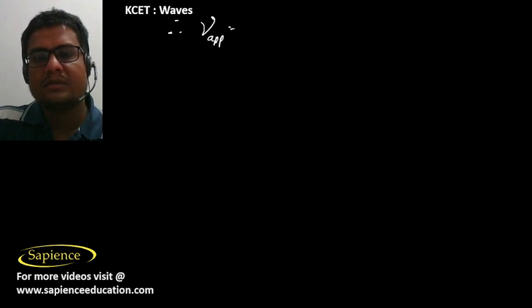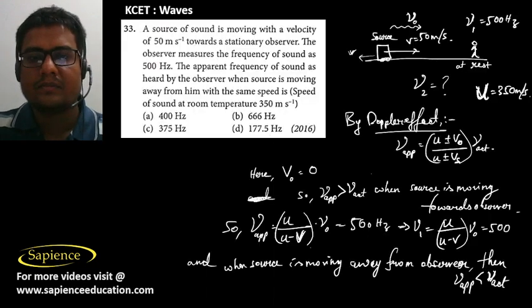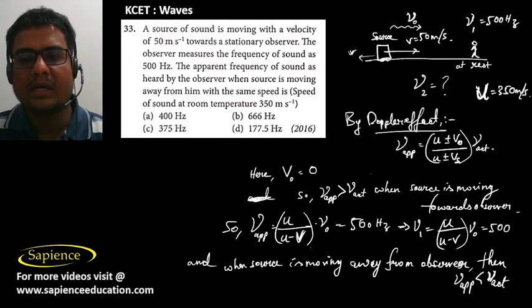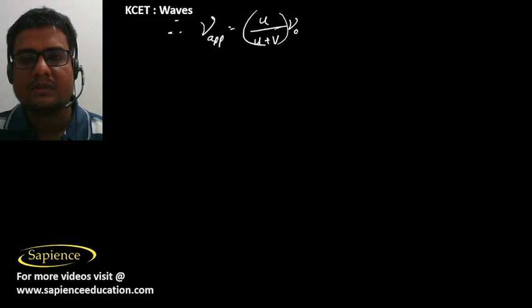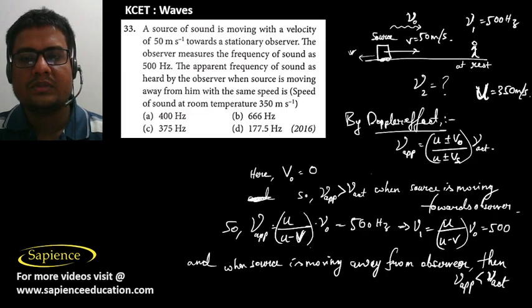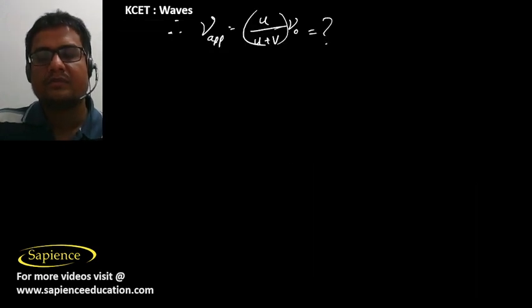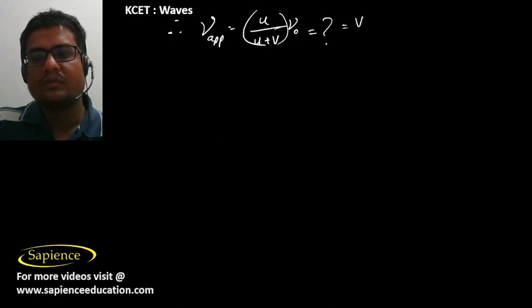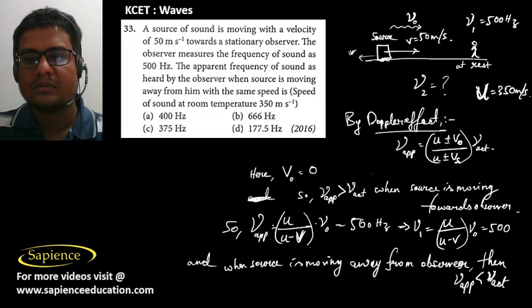Therefore the apparent frequency will be given as u by u plus v into nu naught when the source is moving away from the observer with the same speed. That value, nu 2, is what we have to find.